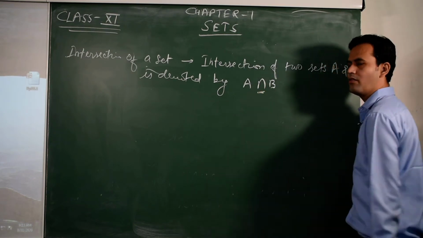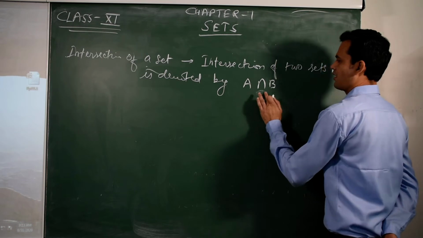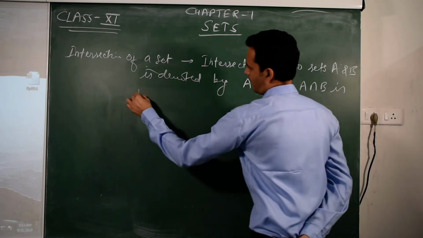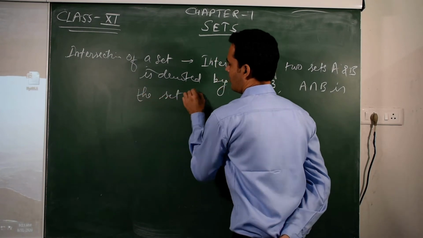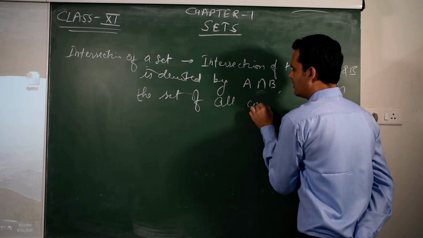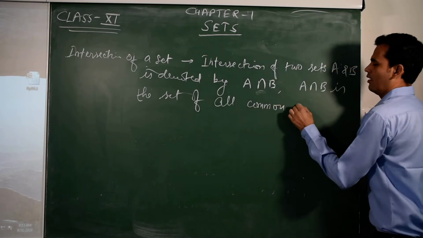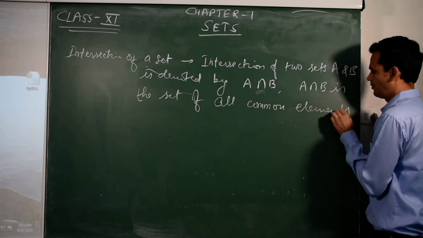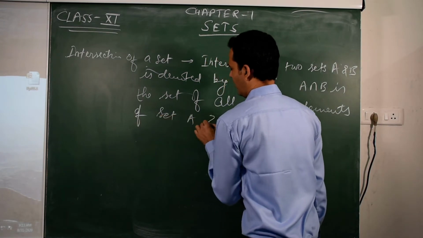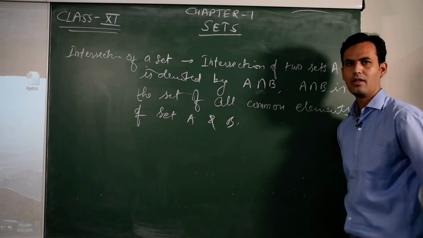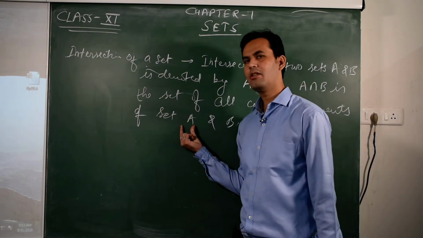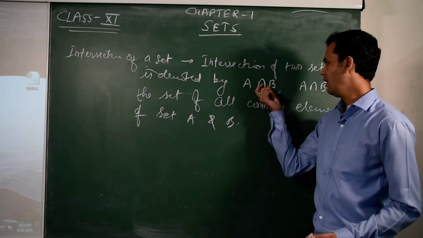So A intersection B is the set of all common elements of set A and B. It means we write only common elements of set A and B in A intersection B.